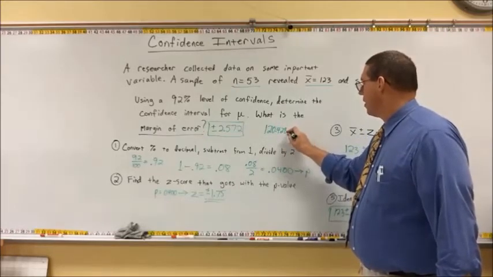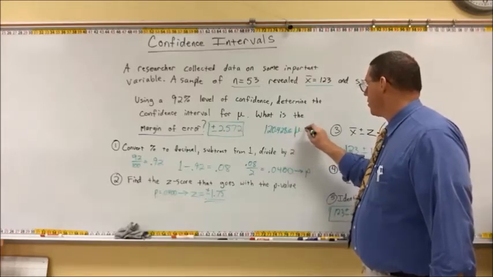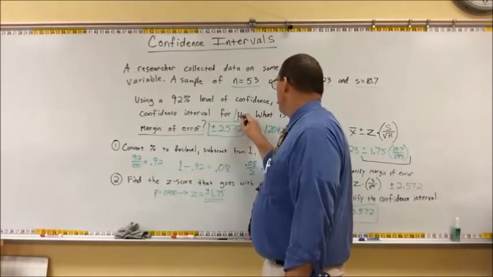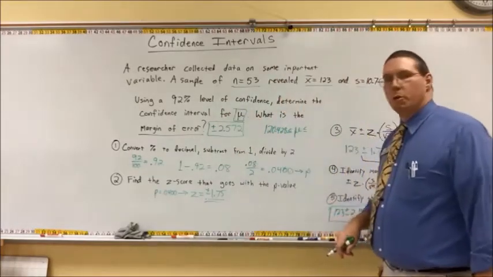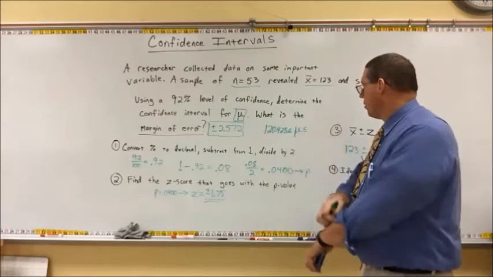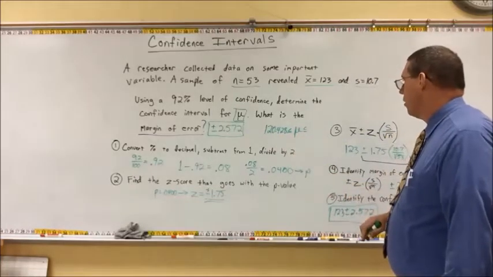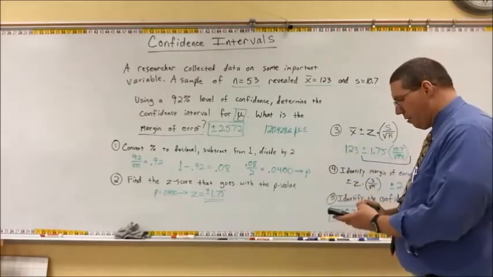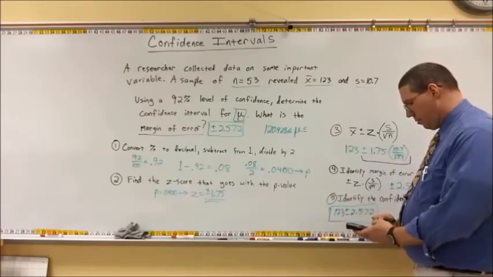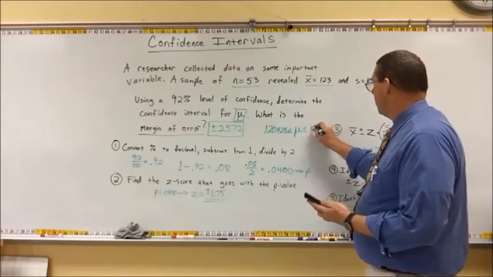I'm going to put less than or equal to, and then I'm going to put a mu, right? Because what we're finding is a confidence interval for mu. So mu, we're approximating that mu is between 120.428, and then we got to do 123 plus 2.572. That's going to give us 125.572.